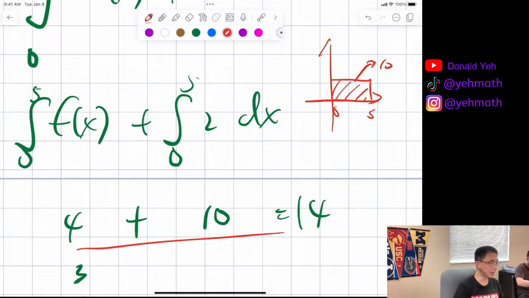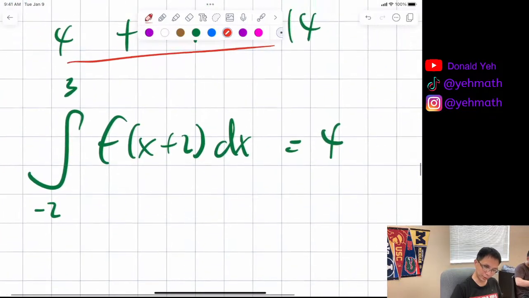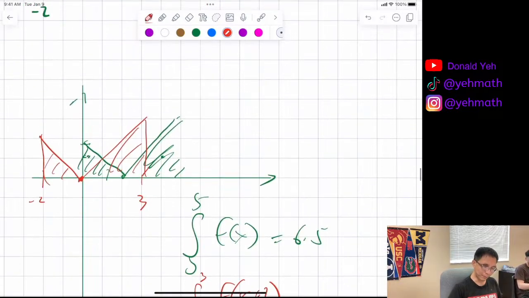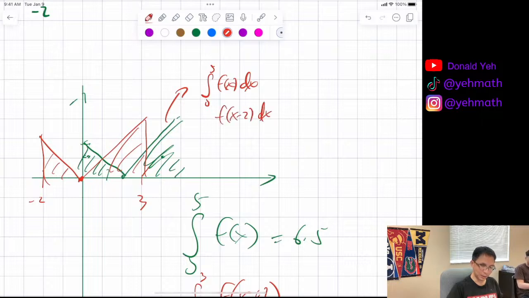They say f(x plus 2). I kind of showed people this. This one is also equal to 4. The reason is that the green part of the graph is the integral from 0 to 5 of f(x) dx. Now, if you have f(x plus 2) dx, that graph shifts 2 units to the left.